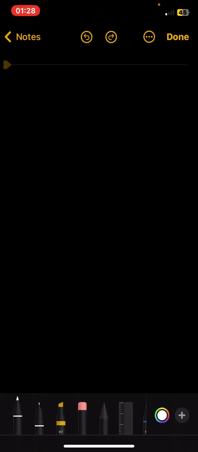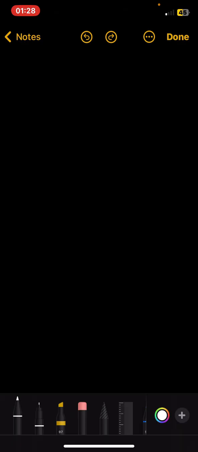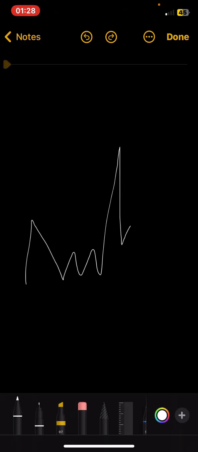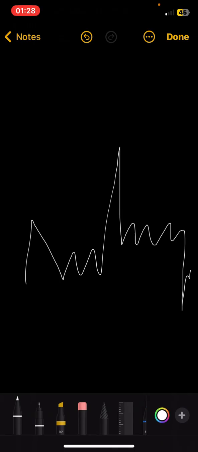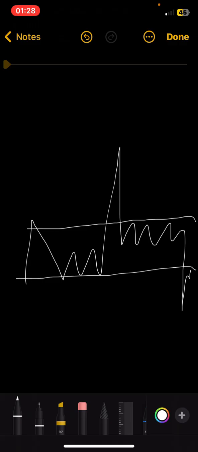Okay, that is it. So now for a consolidating area or zone, remember the market may do something like this. How do you do this? All you need is just your pick tool. This is a consolidation zone.